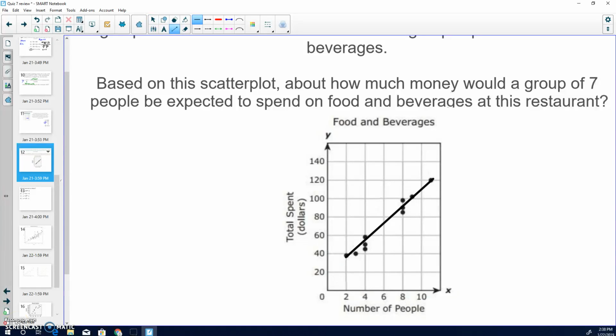You have to draw a line of best fit on these or you'll miss them. Then you would go to 7 and go up to the line. So it'd be a little bit over 80, I would say about 85, because it's 80 to 100. So a group of 7 people spent $85.